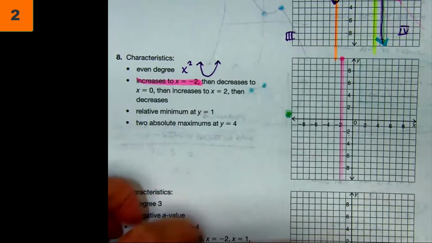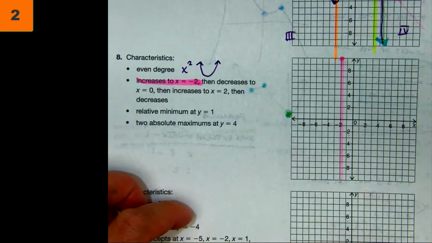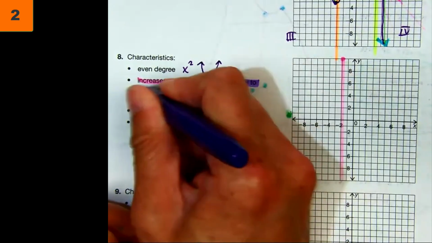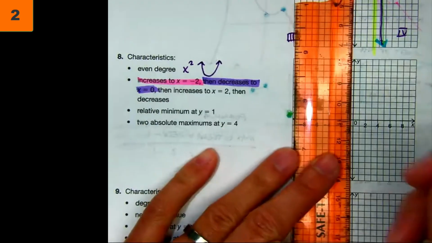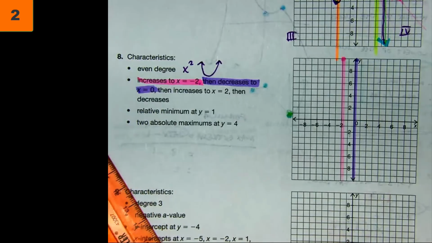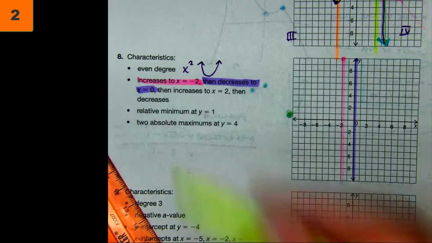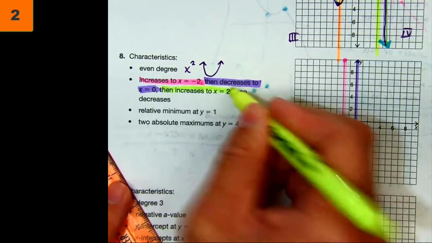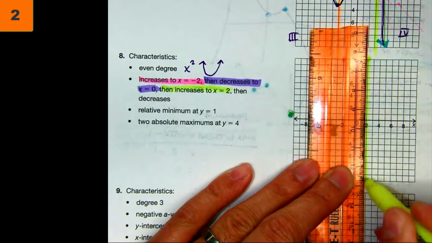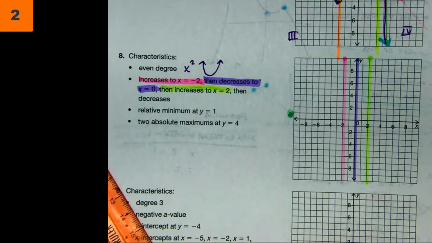Then decreases to x equals 0. What a crazy graph. Then increases to x equals 2. And then it decreases to the end.